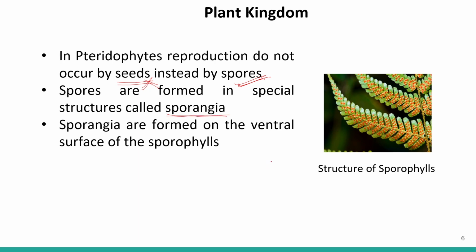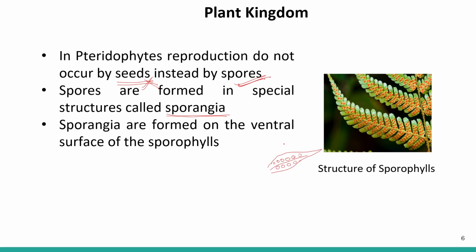Now, where is this sporangia present? If you take a fern plant and see the ventral part of the leaflet. Now, I'm just drawing one leaflet and here you can see some circular brown structures, reddish brown structures like this.